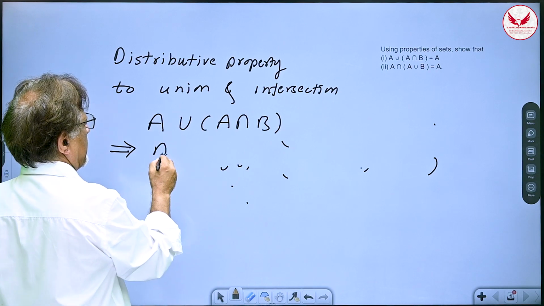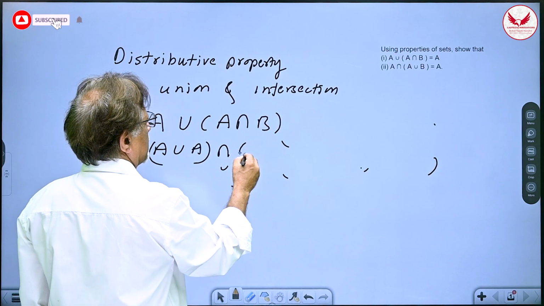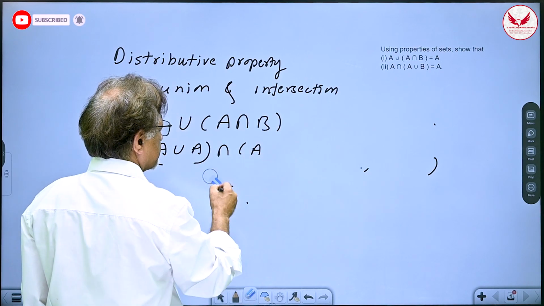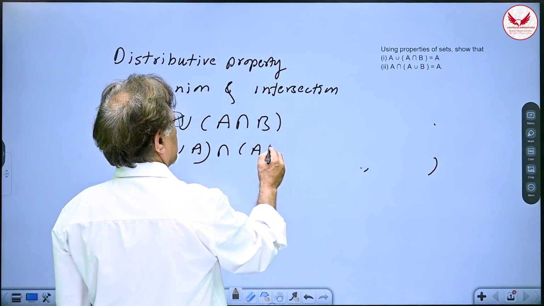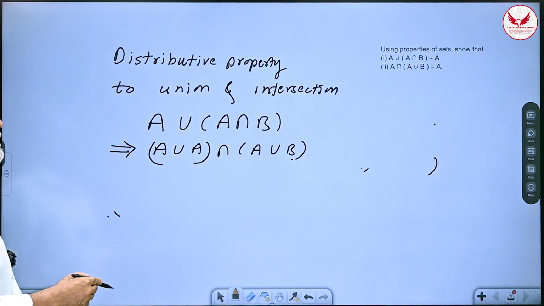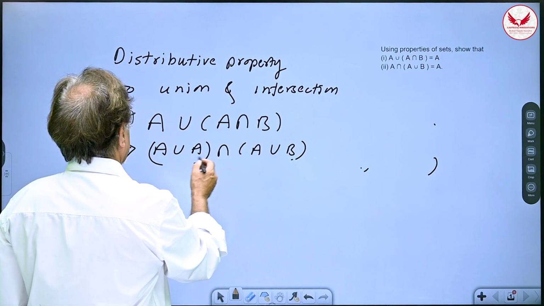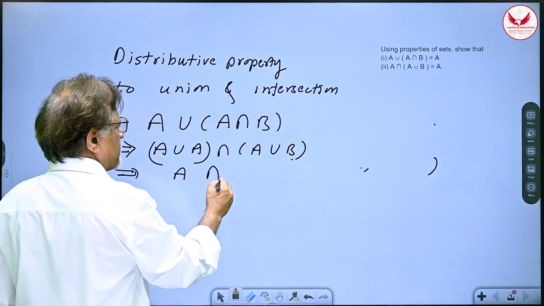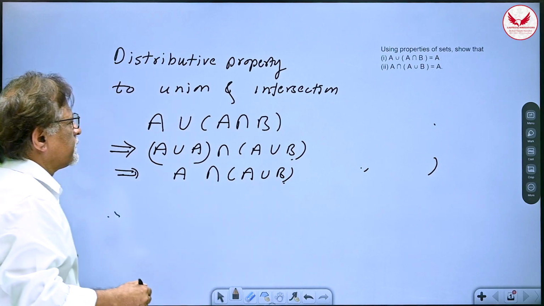That means A union A, intersection A union B. Correct? Now A union A is nothing but what? A union A is nothing but A only. So this means A intersection A union B. Right?